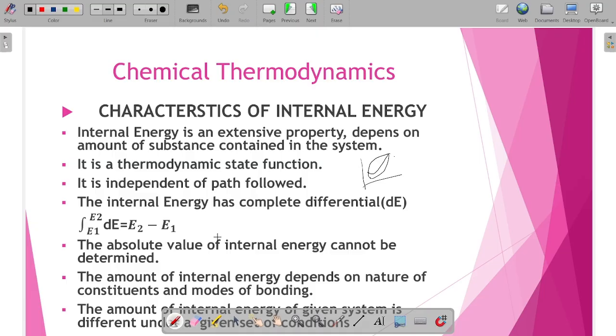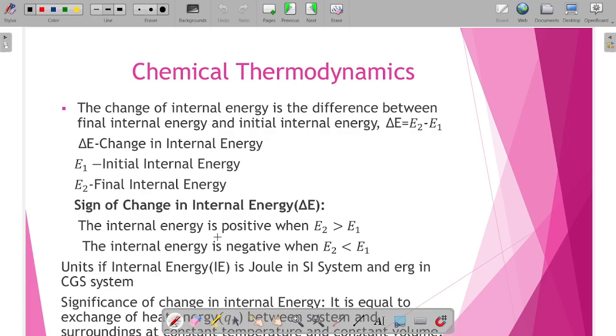Then we come to the change of internal energy, which is the difference between the final internal energy and initial internal energy, and can be written as delta E is equal to E2 minus E1.